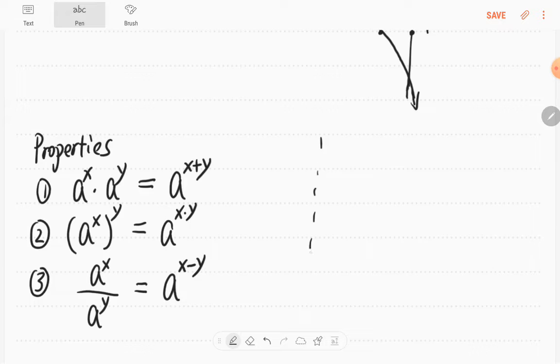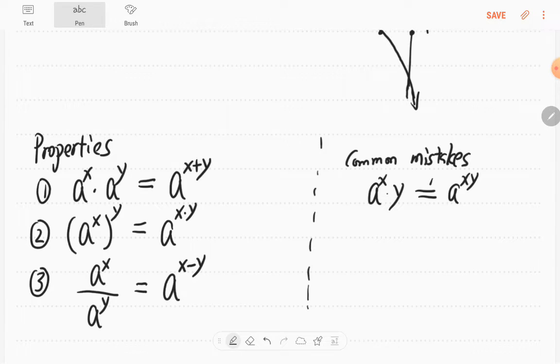We also have some common mistakes that I have seen many times in students' homework. For (a to the x) to the y, they say it is equal to a to the x times y. No, it's not.